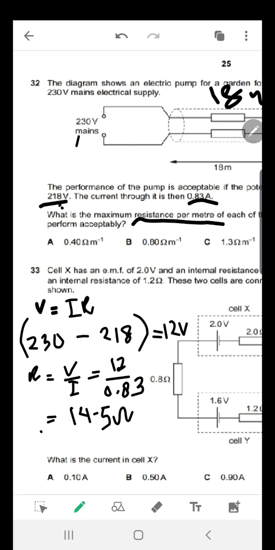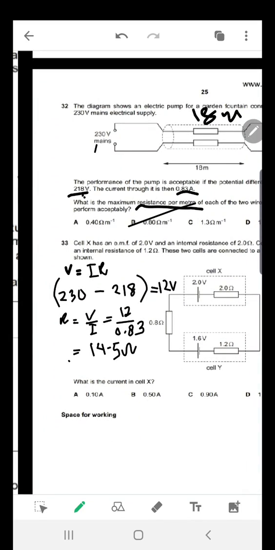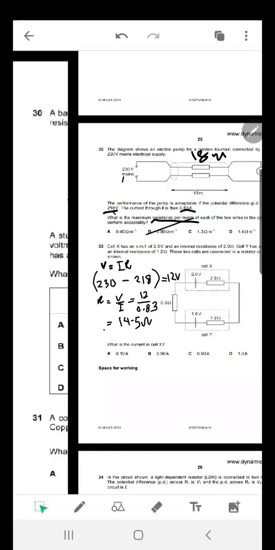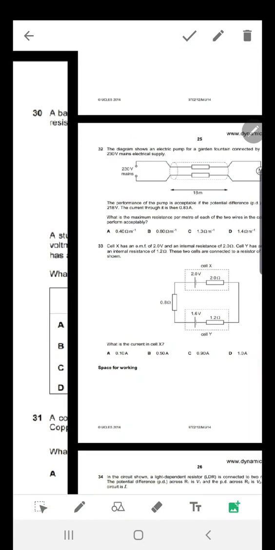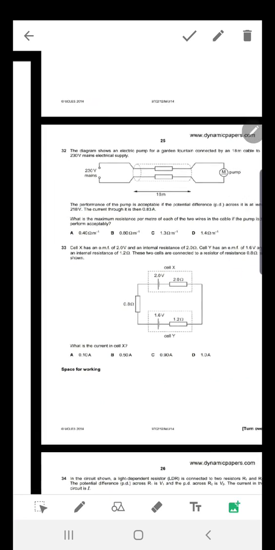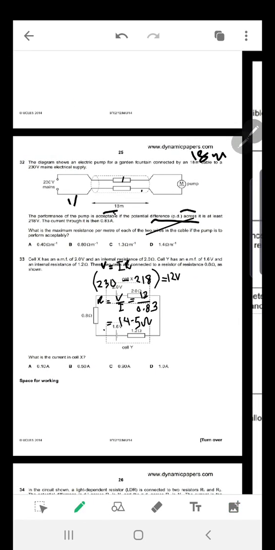And if you see the diagram, you will see that the cable is made up of two wires, made up of this wire and this wire. So the total length of the wire in the cable is 2 multiplied by 18, not 18. This is a catch.